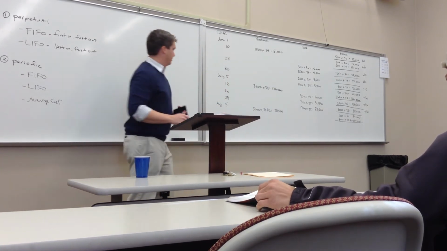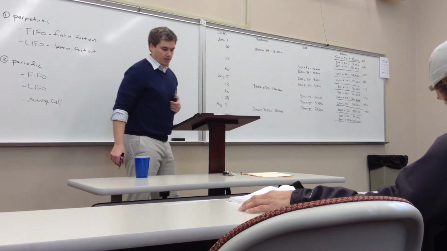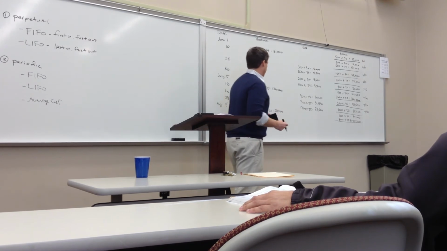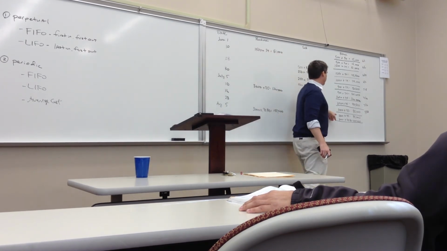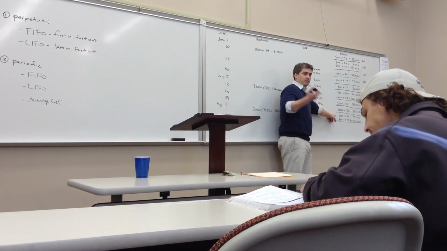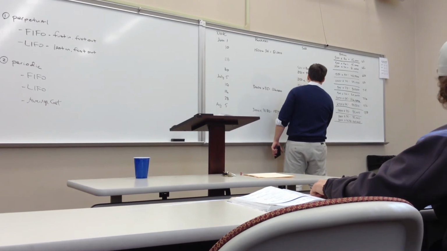All right, August 14th, we have a sale. We sold on August 14th 2,000. First one's in, the first one's out, so this sale is going to be made up of what? We got these first, so these are going to be the first ones out, okay? So all 1,000 of those are gone.